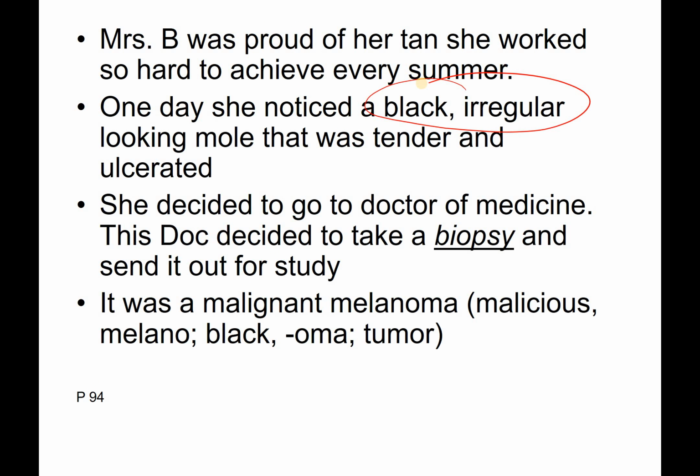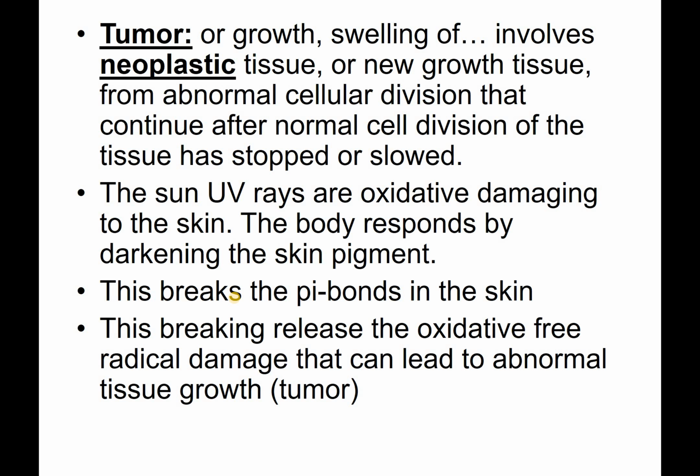And the results come back that it was a malignant melanoma, which is the more aggressive form of tumors. Okay, a tumor is simply a growth of something. A neoplastic growth, it's just new tissue growing because of abnormal cell division. The question is, is it benign or is it malignant, if you get a tumor or neoplastic growth?